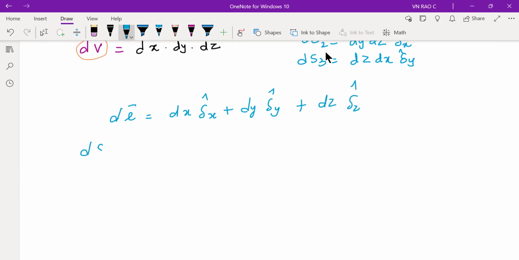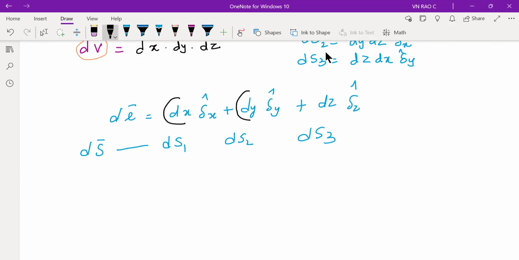Now, if I want to find the area, surface is also a vector quantity, just like length, but this has three components, that means ds1, ds2, and ds3. There are three surfaces. As we see in this length quantity, if you consider this one and this one, you are considering two dimensions of the length, and one we are not considering.